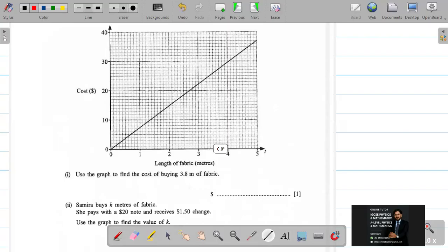From here I move towards this point and across to the corresponding value, which is $28. So this is the corresponding value we should take.